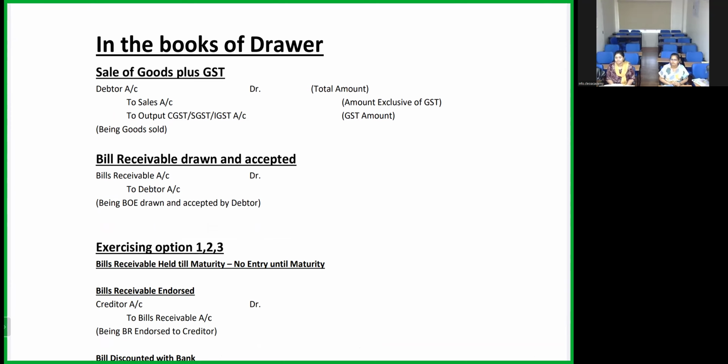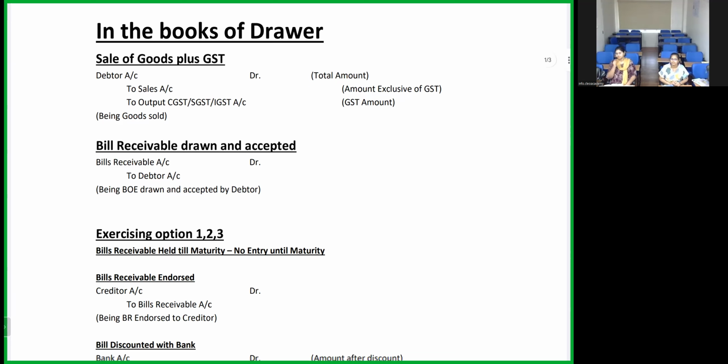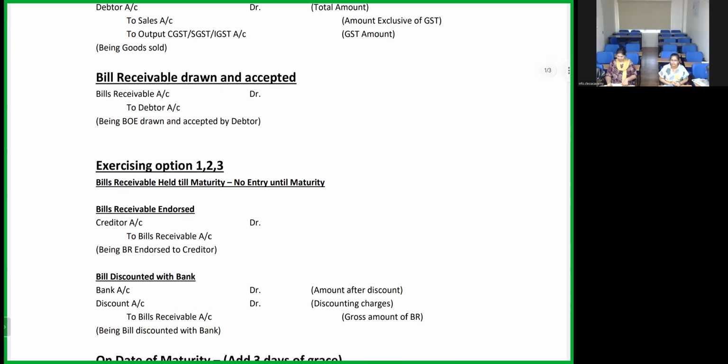So bills receivable, I'm creating a new asset. I'm closing my debtor account, bills receivable to debtor account. Bills receivable is like now my debtor. I'm closing my debtor and creating bills receivable. Bills receivable is what account? Personal account.